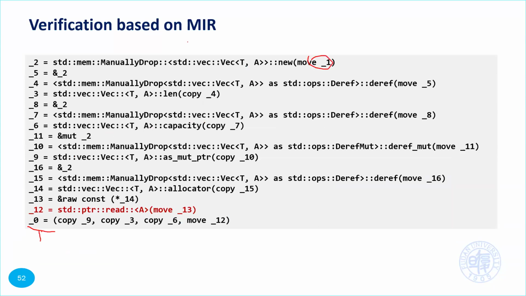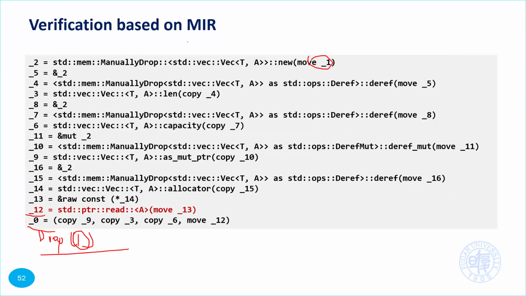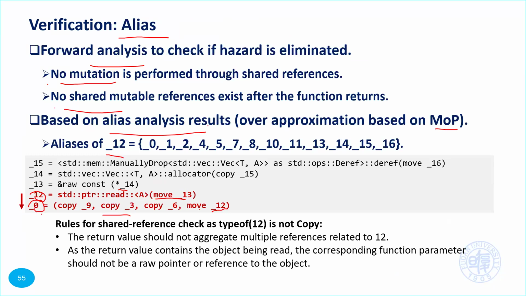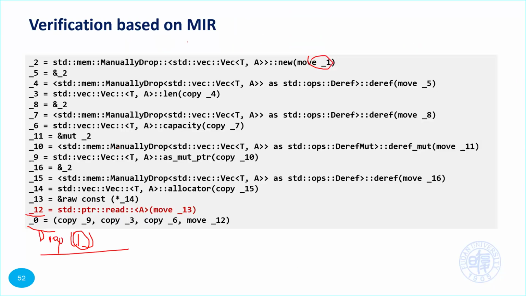Drop is an instruction, so it means we modified _1. According to our analysis, _1 is an alias of _12, so it's an alias of self.